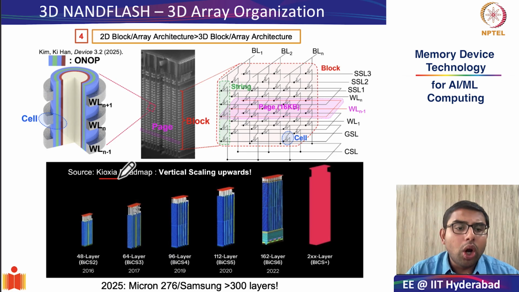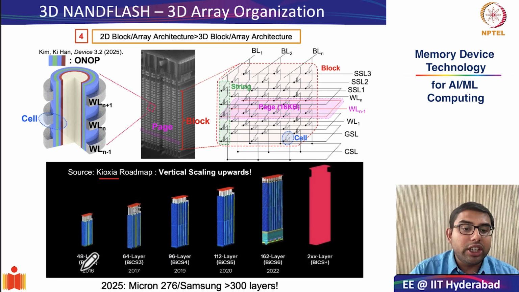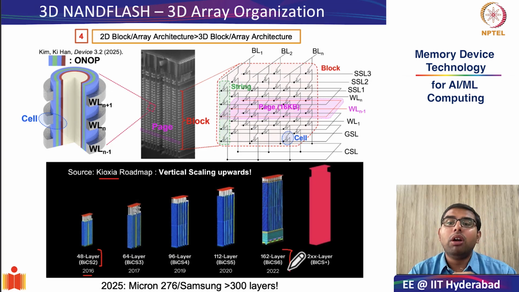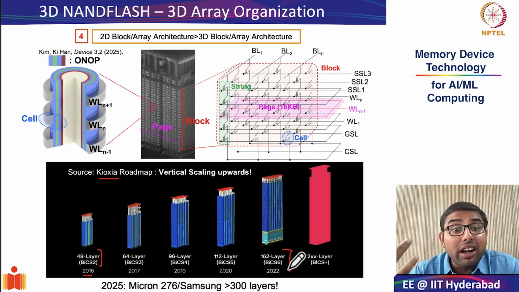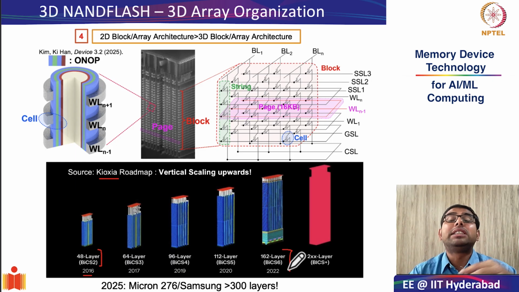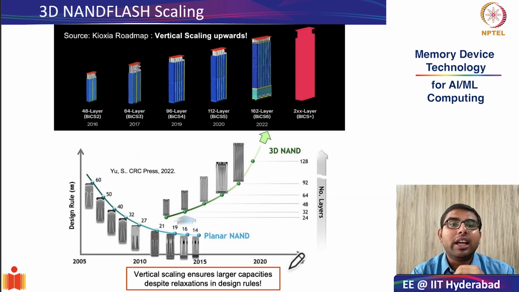And as you can see, in very few years, in 2016, they had come up with the 48 layer NAND flash, and within just a few years, they have gone to 162 layer NAND flash. And what I hear from my friends in industry is that Micron has already released 276 layers, and Samsung has promised more than 300 layers by this or the next financial year.